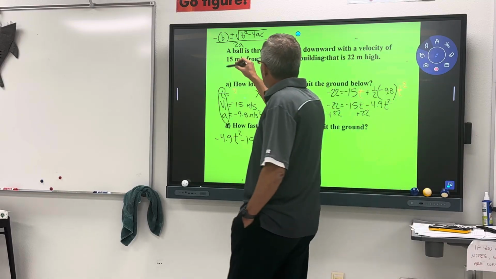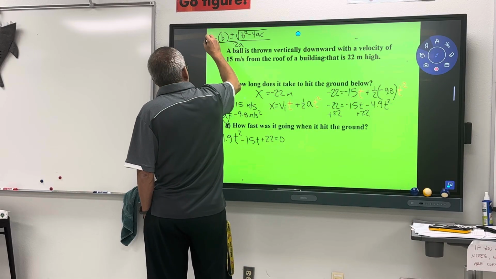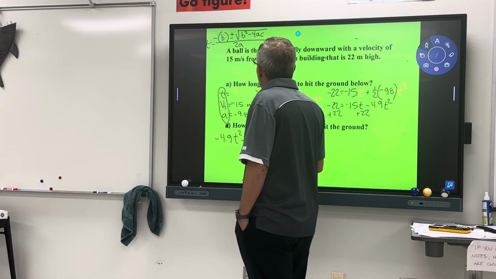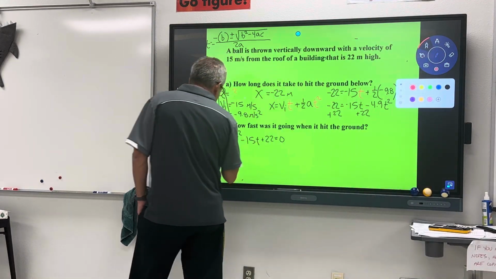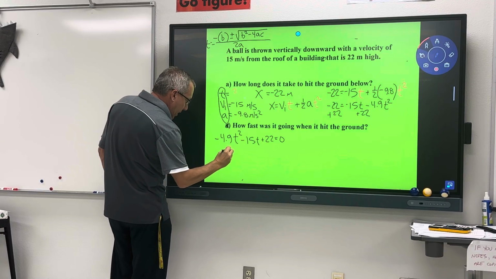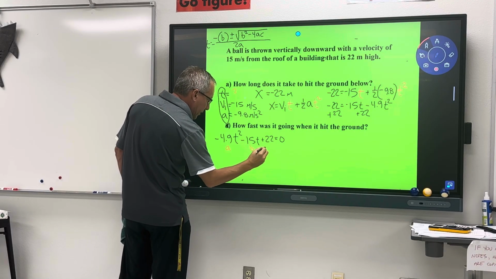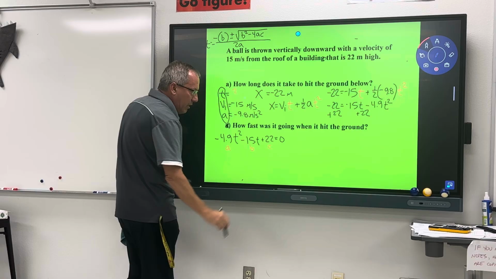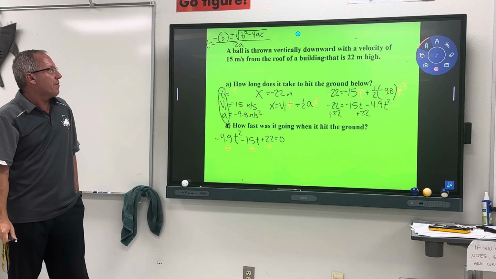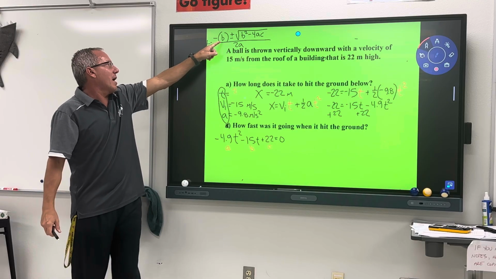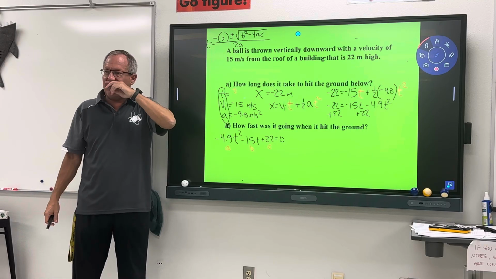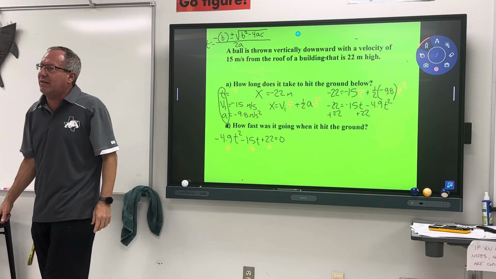So this is going to solve for my time. What's happening in the quadratic equation is, as you know, the coefficient here is your a, the coefficient here is your b, and the constant here is the c, and you plug that right on in. Now, for those of you who don't do this, I would highly recommend that you put that b in parentheses. It's not necessarily stated in the equation.